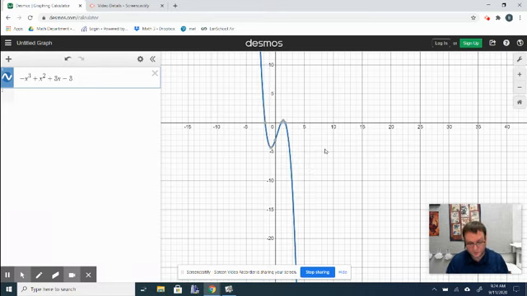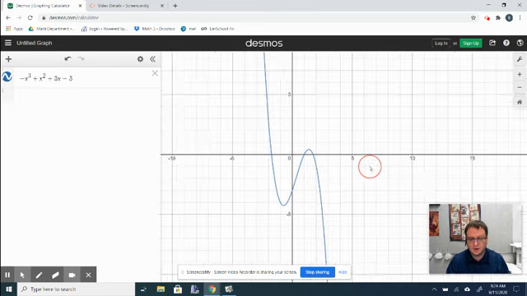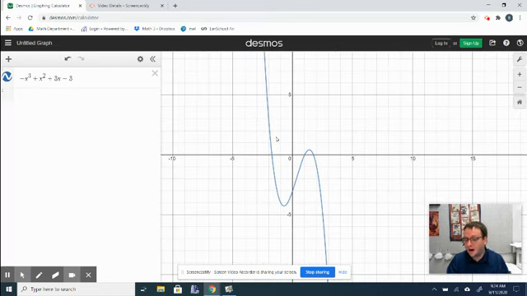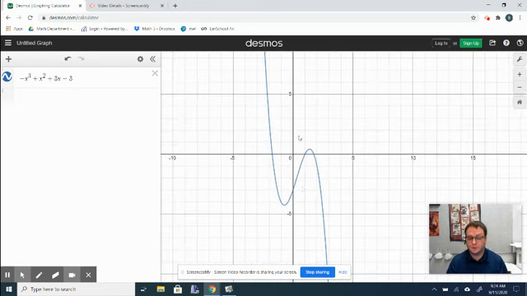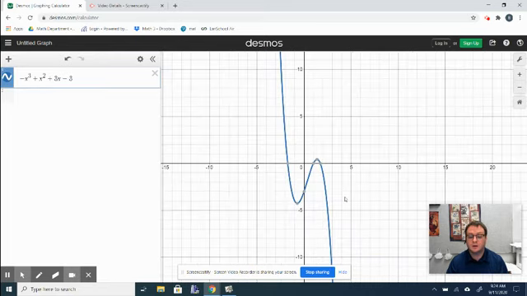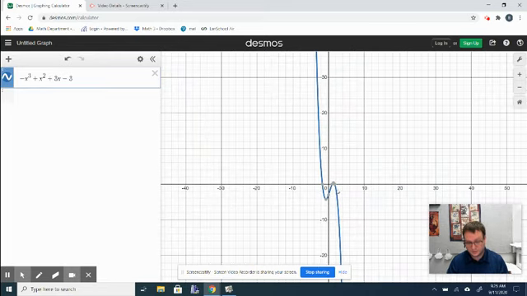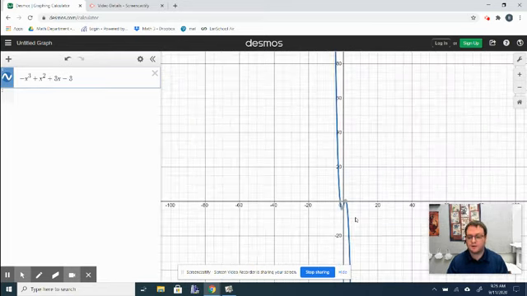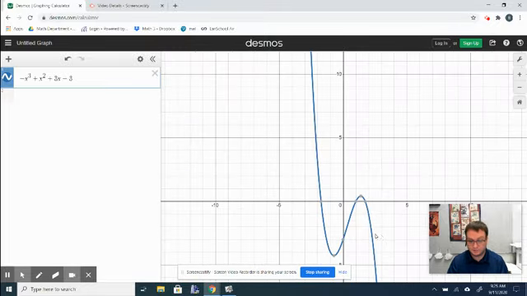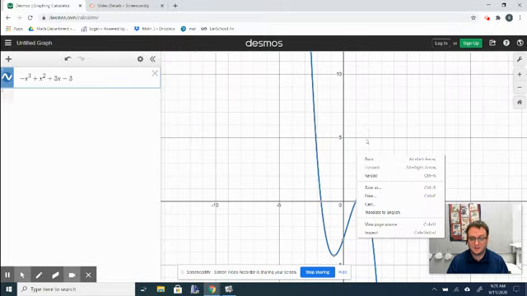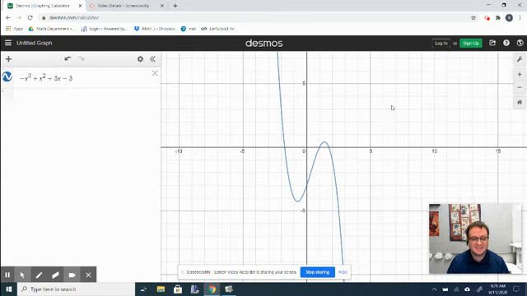Looking at this, what you want to do here is look and see kind of where those dots are. Notice how if I zoom out, all my dots are still right here. I can go out forever and it's not going to change that. All my dots are right in this area, meaning all the important information is in that same area.